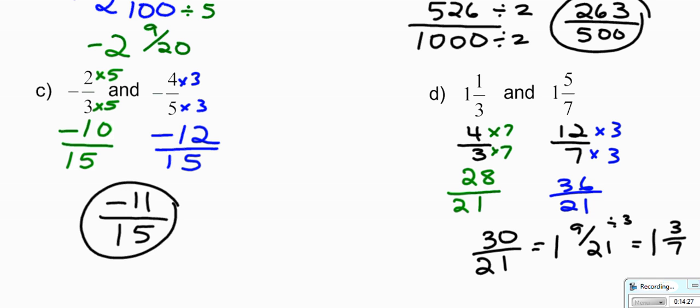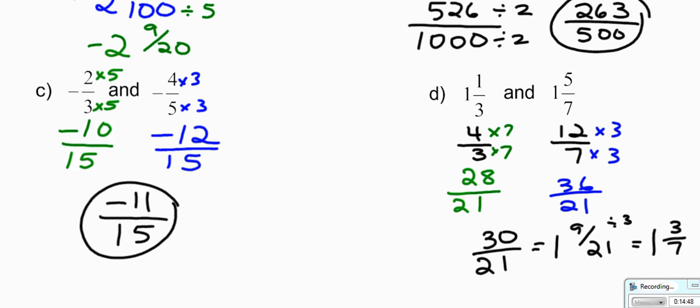So for 4/3, we multiply top and bottom by 7 to get 28 over 21. And on the right-hand side, 12 over 7, we multiply top and bottom by 3 in order to get 36 over 21. So now I can pick any value in between 28 and 36 and put it over 21 and have a fraction that's in between them.